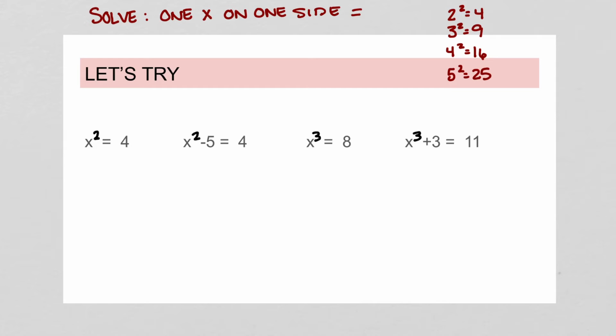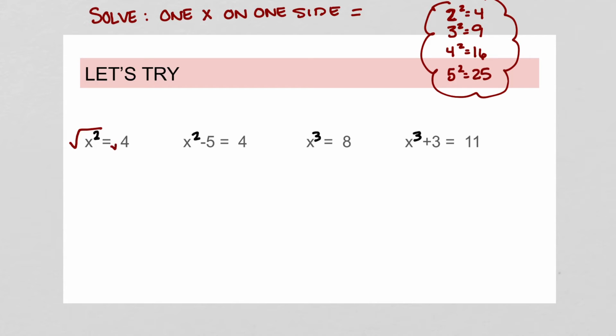So keeping this in mind, we can look at this and see what the x should be, because it looks just like this first one, right? So we know it's probably going to be a 2, but let's find out. What I do to the right side, I have to do to the left side. So to do the inverse, or the opposite, of a squared, I need to do a square root.